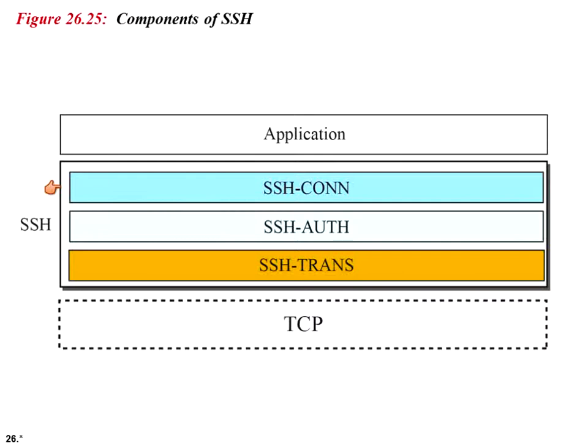One of the services provided by the SSH Con protocol is multiplexing. It takes the secure channel established by the two previous protocols, and then it lets the client create multiple login channels over it. So each channel can be used for a different purpose, such as for remote login, for file transfer, and so on.